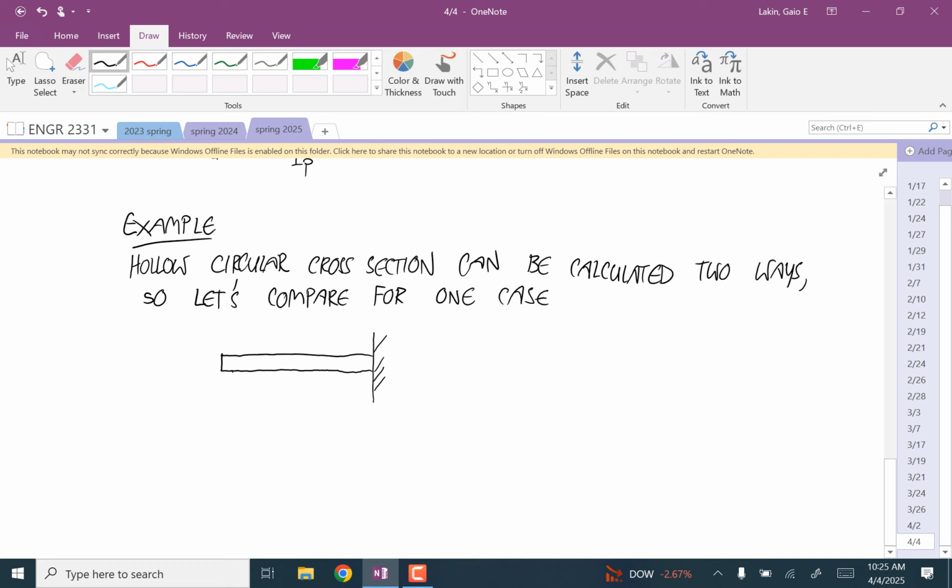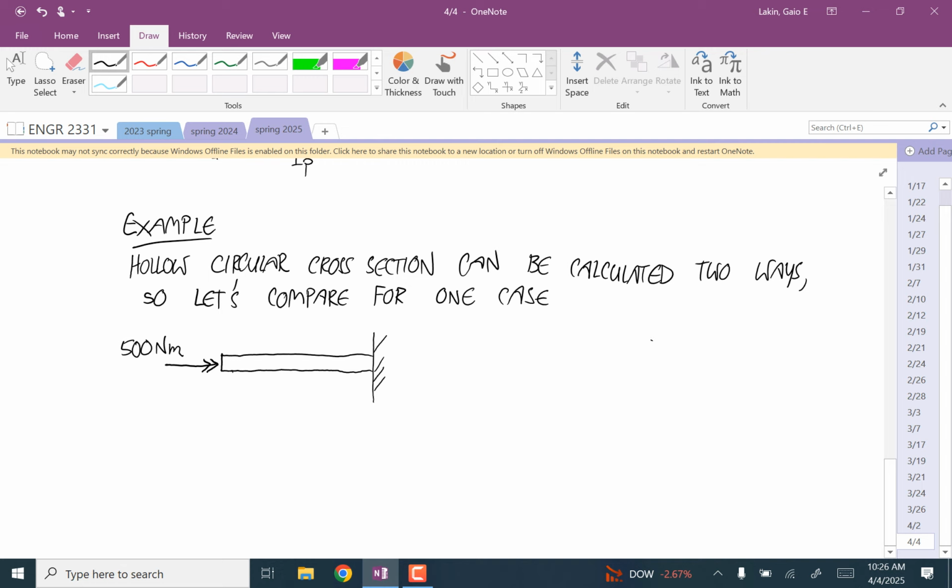It doesn't matter how long it is. And let's say we apply a torque to the left side this way of 500 Newton meters. And that's the only external load we're worried about.